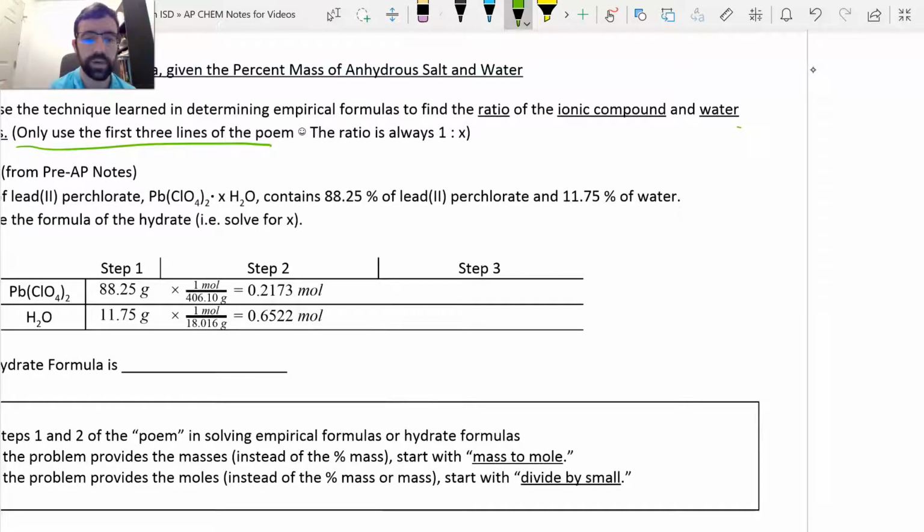Okay. In step number 3, we're going to divide both of these numbers by the smallest one, which would be 0.2173. Of course, this is going to be 1. If we divide that, looks like it's going to be about 3. So it's not exact, but it's about 3.